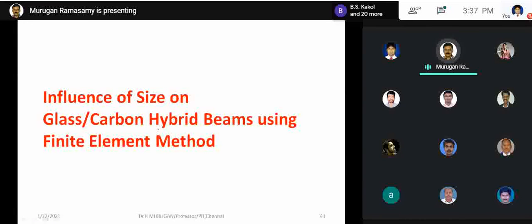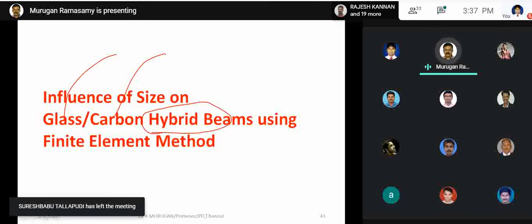It may be 8-layer, 12-layer, 16-layer, any number of layers we can do using the finite element method, very easy. So we need not fabricate the laminate every time. Also hybridization is possible, because we have the glass layer constants and the carbon layer constants. Using that we can do analysis of hybrid beams also.